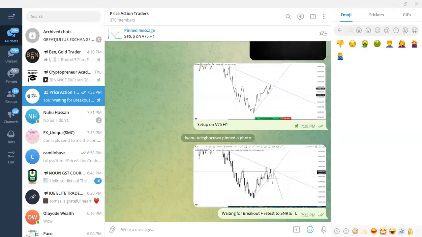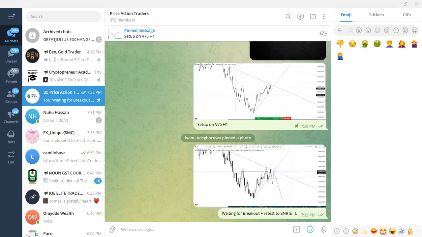So you must have an engulfing there. 1, 2, 3: the 2 and 3 must be engulfing. One may not be engulfing, but the other two must be engulfing too. We need this to be engulfing. It took out this and came back to the trend line. So we got a good setup there.